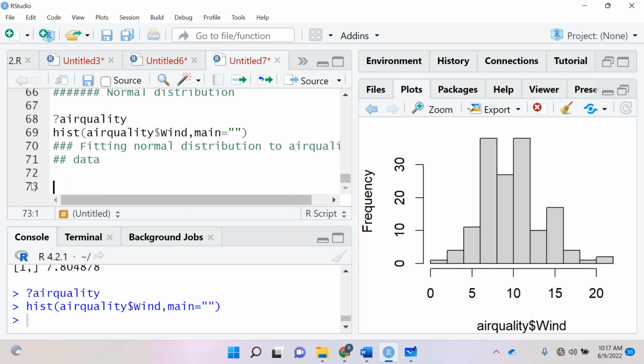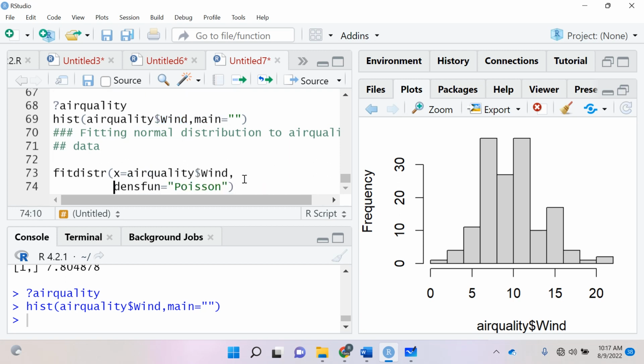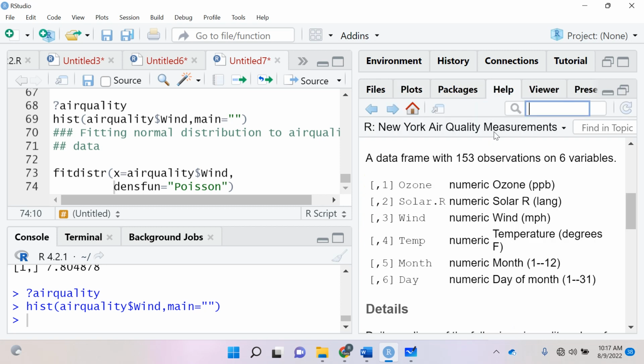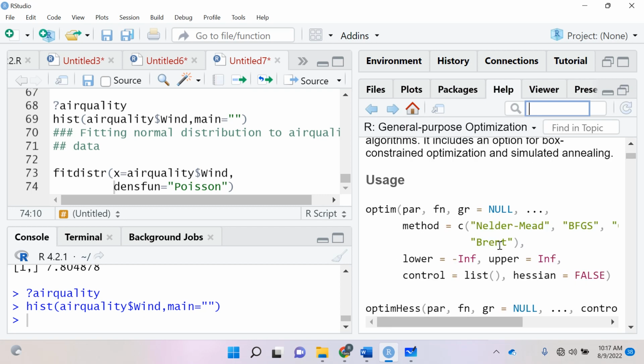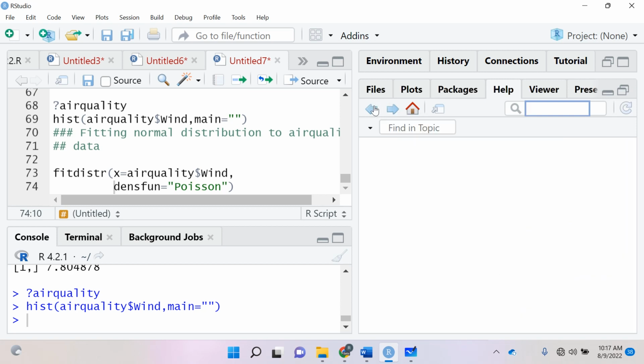So first of all I do this. My data is this, right? I change this. Now what I don't know is how the density should be stated. So I go into the help files for fitdist.